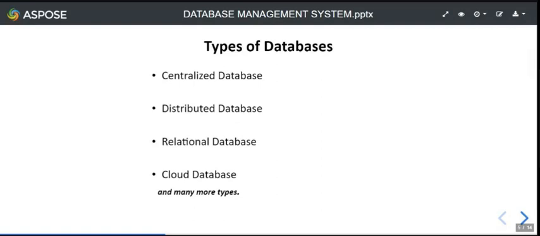Then we have object-oriented databases. These are the type of databases that use an object-based data model approach for storing the data in the database. The data is represented and stored as objects, which are similar to the objects used in object-oriented programming languages. Another is hierarchical databases.